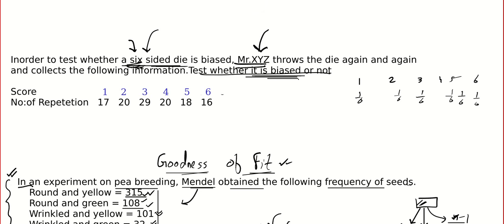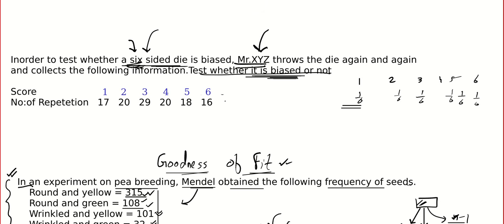Before playing Ludo and snakes and ladders and gambling with dice, you can actually do a real test. You can use goodness of fit and check whether the die that you have is biased or not. But remember, if you do this experiment 1,000 times, 2,000 times, then you can actually know whether the dice that you have is biased or not.